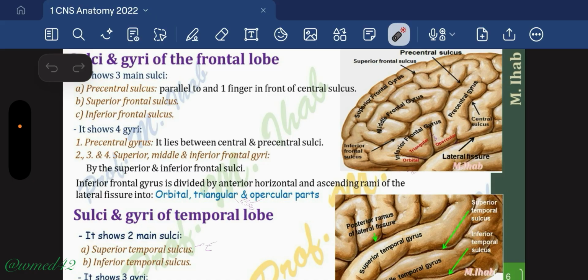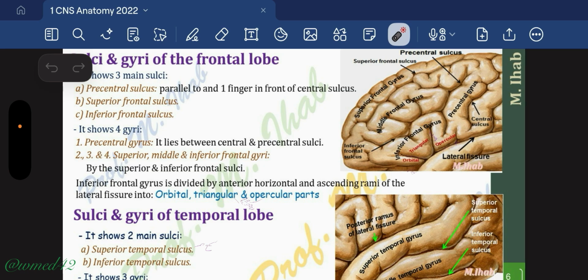So the sulci are the grooves in between the gyri, and it shows four gyri: pre-central gyrus, which is in between the central sulcus and the pre-central sulcus, and superior, middle, and inferior frontal gyri, which are divided by the inferior frontal sulcus and superior frontal sulcus.